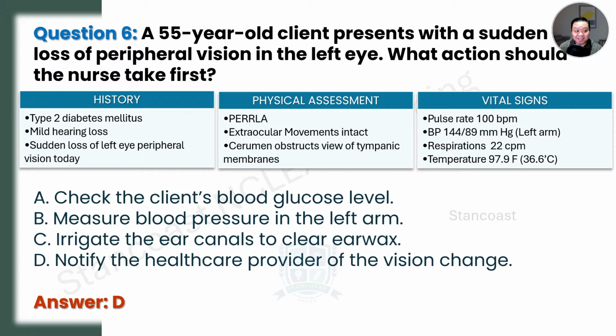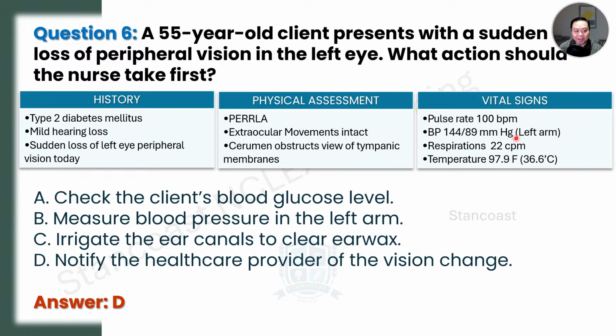If you selected letter B, measure blood pressure in the left arm, it's not really related to the vision loss and it does not take priority. And looking at the patient's blood pressure, 144/89, it's elevated, but it's not critical. It's not going to be as significant compared to the patient's sudden loss of peripheral vision, which can lead to permanent visual loss.